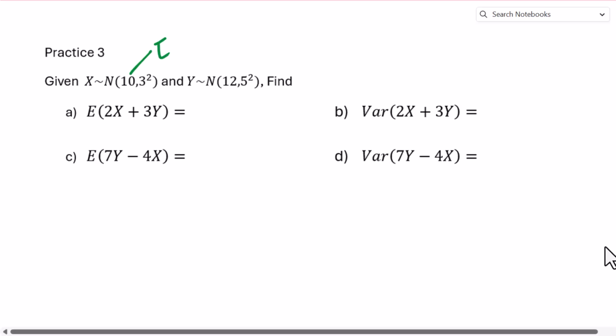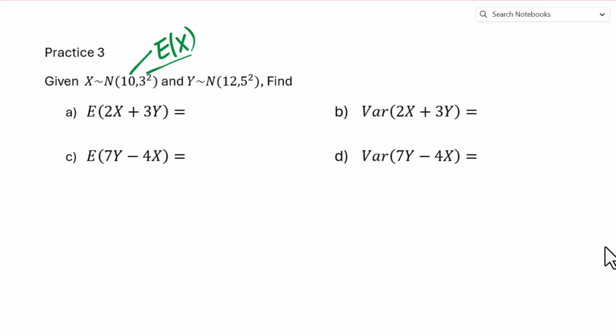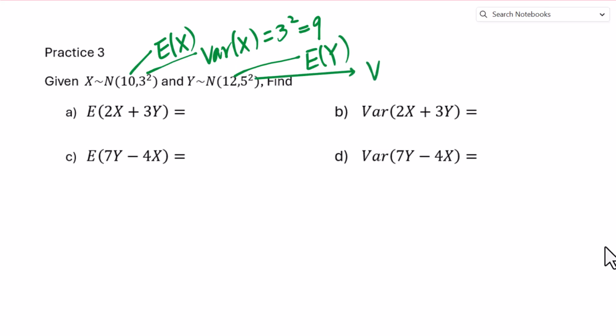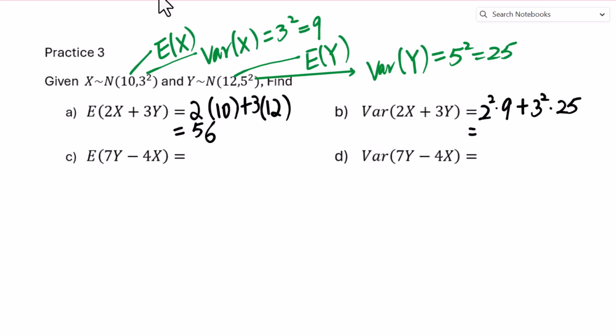We know this 10 means E of X. This means variance of X equals 3 squared equals 9. This 12 means E of Y. 5 squared means variance of Y, which is 5 squared equals 25.